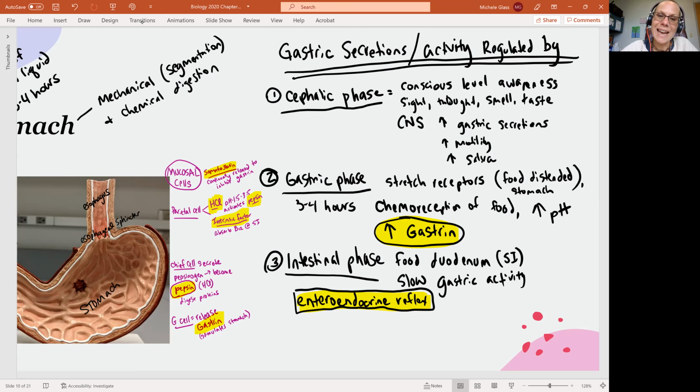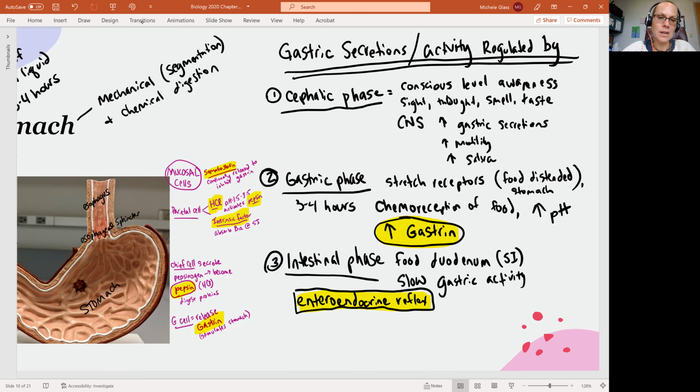So when we talk about gastric juice, we're expecting the gastric juice to have the hydrochloric acid, the pepsin, the intrinsic factor, and the gastrin, basically, right? And we're seeing that coming from gastric glands that are part of the mucosa.